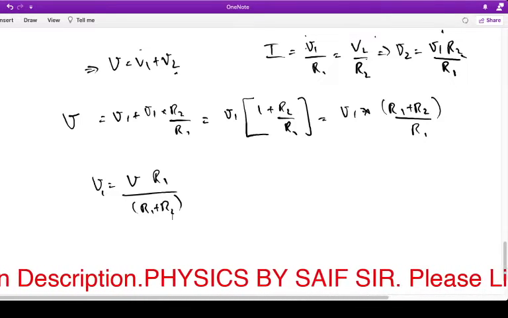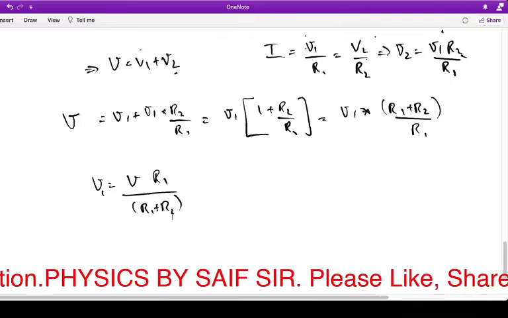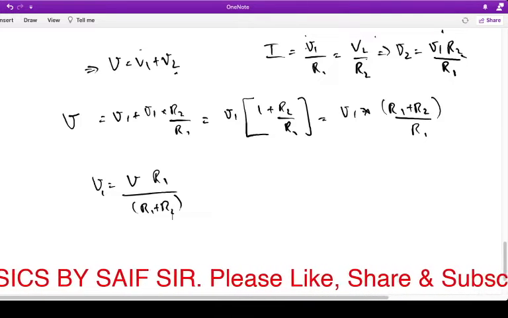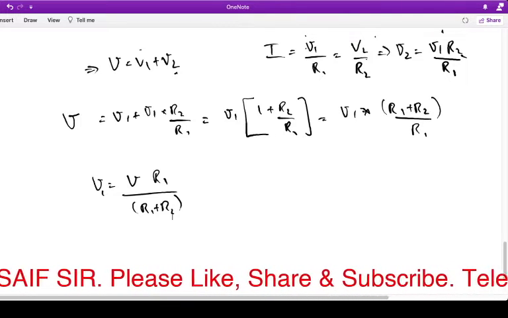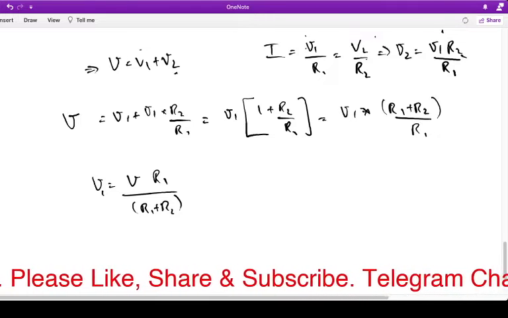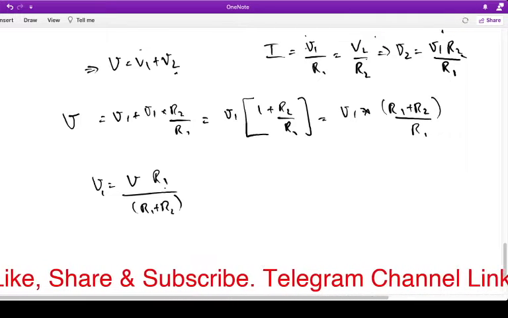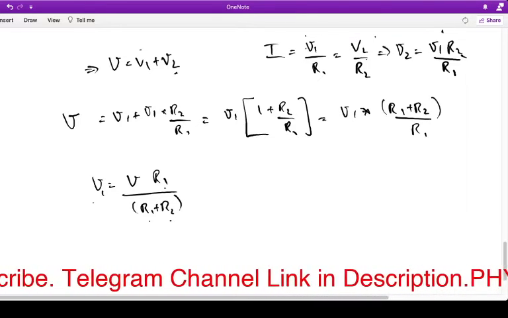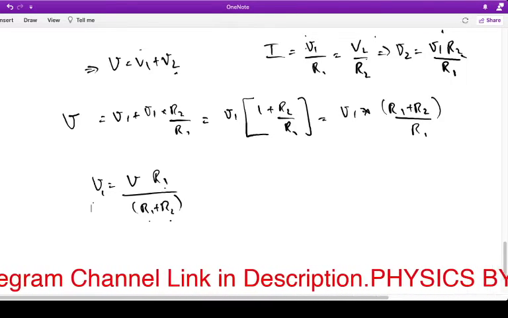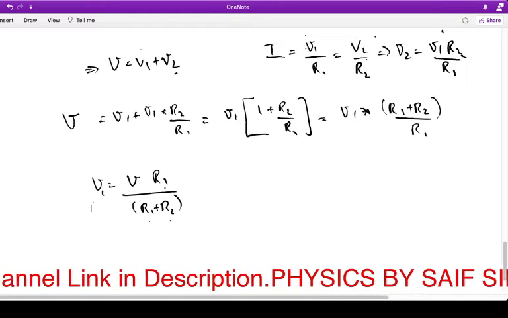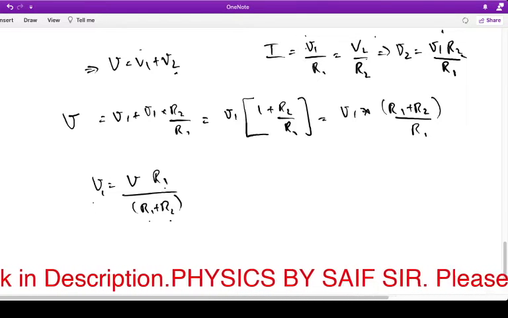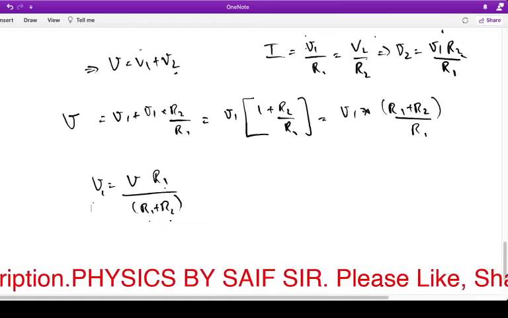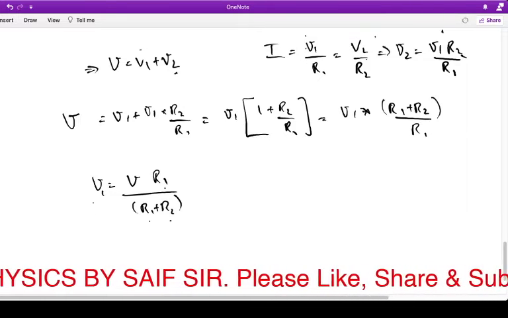If in your question only V1 has to be found and V2 is not given, just with the help of R1 you can find the voltage V1. Or if you have to find only V2, and R2 and R1 are given, then you can easily find it. You don't have to find each and every voltage drop here.